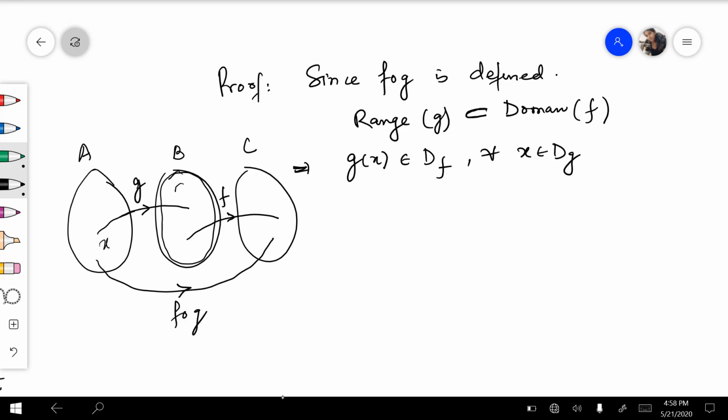For every x belongs to domain of g, there exists gx belongs to domain of f.